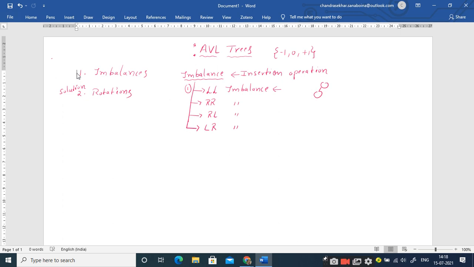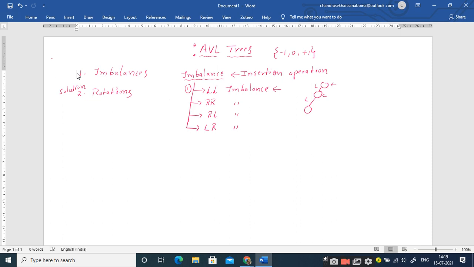So there is already a left node to a particular node, and if you insert a node to the left side of this child node, I am inserting left of left, so that is why we call it LL imbalance.